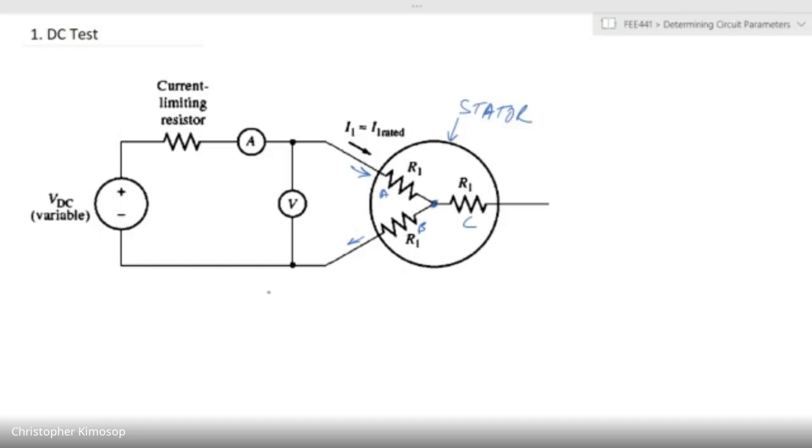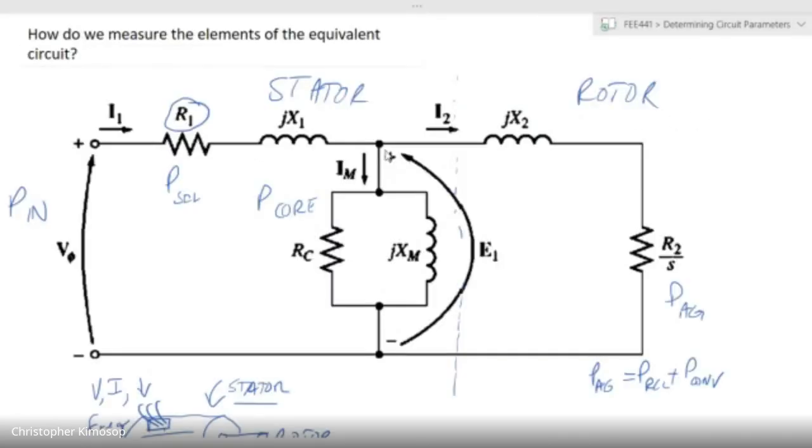Note that because we are supplying DC, in the equivalent circuit we have only supplied up to and including this point. The reason is that this arm here represents the magnetizing of the stator and the core itself.